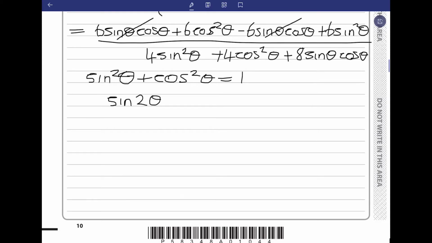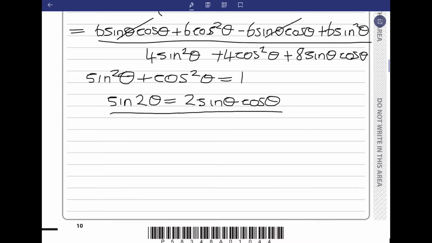Sine 2 theta equals 2 sine theta cos theta. Now, this second one can be deduced from the addition formulae, which are given in the formula book, but I think it's best to learn them. So it'll just get it into your head quicker and you'll be able to work these problems out quicker.